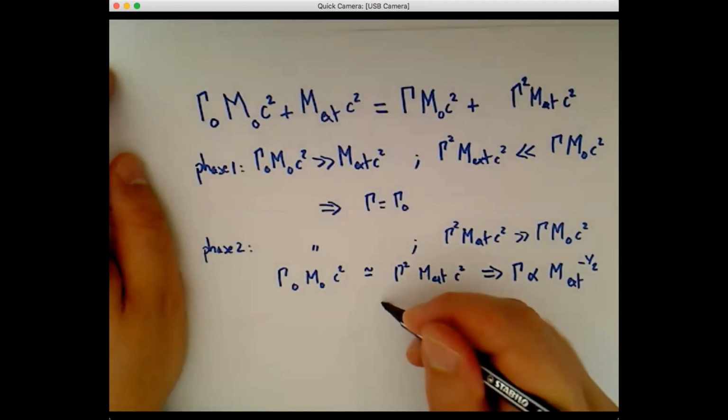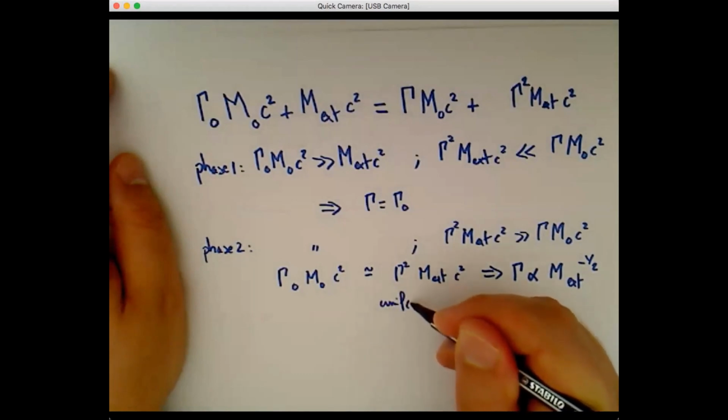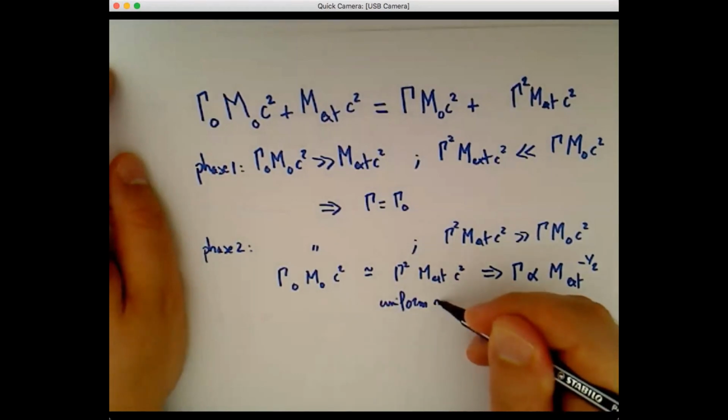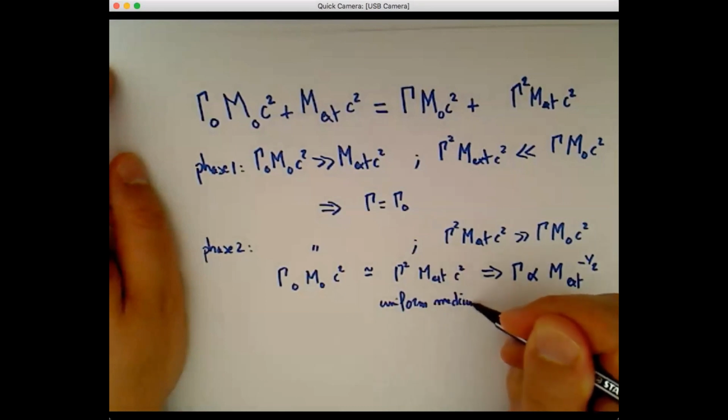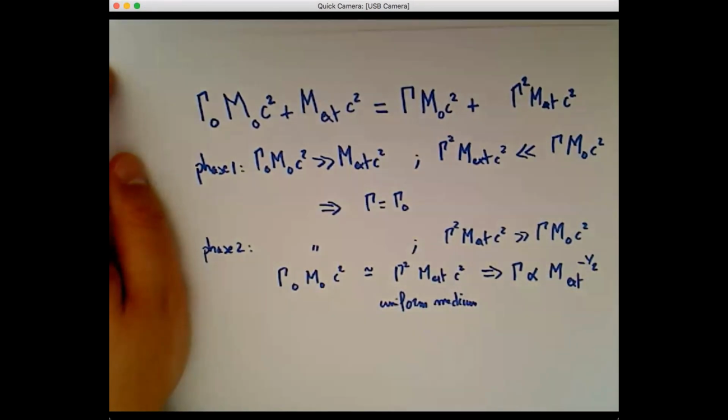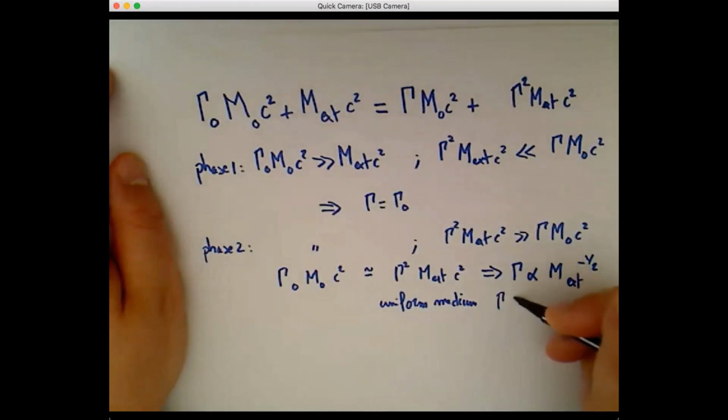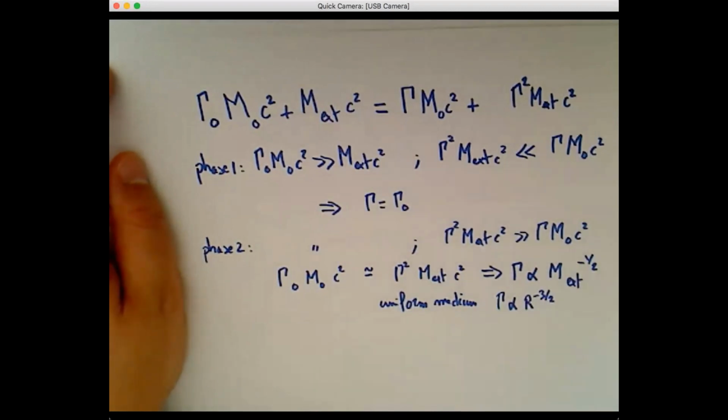So for instance, if the medium is uniform, the swept up mass increases like the volume, like R cubed, and the Lorentz factor goes like R to the power minus 3/2.